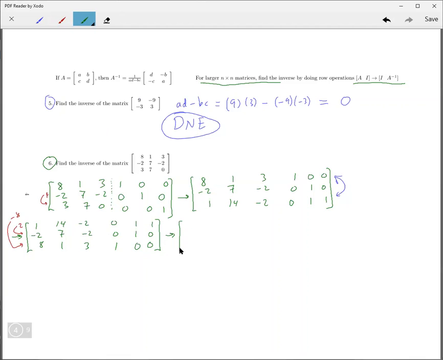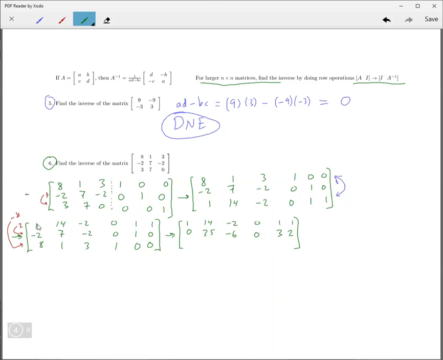Okay, and that's going to give me, the top row stays the same. -2 times 1 is 2 plus -2 is 0. 2 times 14 is 28 plus 7 is 35. 2 times -2 is -4 minus 2 is -6. 2 times 0 is 0 plus 0 is 0. That stays a 0. 2 times 1 is 2 plus 1 is 3. 2 times 1 is 2 plus 0 is 2.